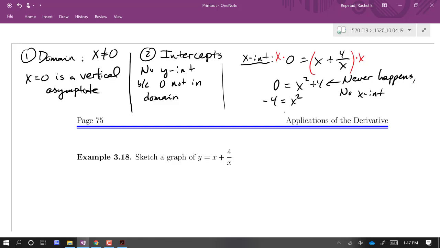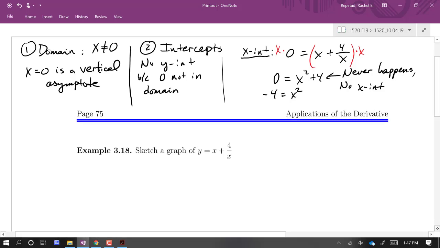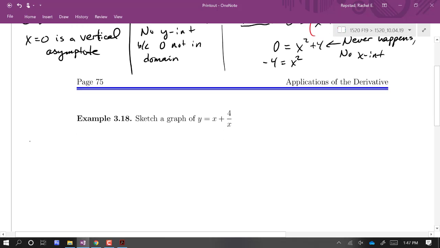All right, let's get our derivative information. To find the derivative, I'm going to rewrite this as x plus 4x to the minus 1. No product or quotient rule needed, right? Just a nice, simple power rule. What do we get for the first derivative? 1 minus 4x to the negative second.